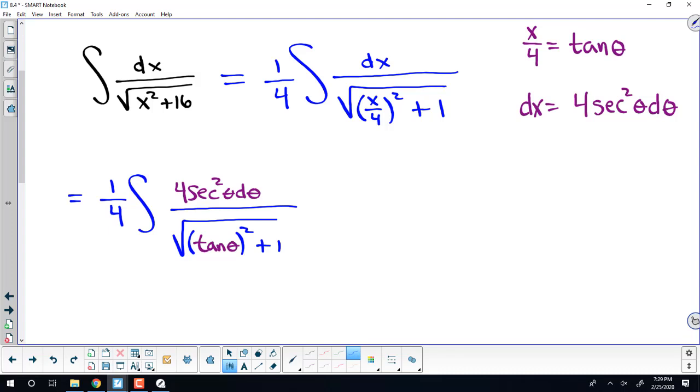Our constants go away. Our integrand simplifies to what? Just secant, right? We've got secant squared over the square root of secant squared, which is secant. So we've got secant squared over secant.